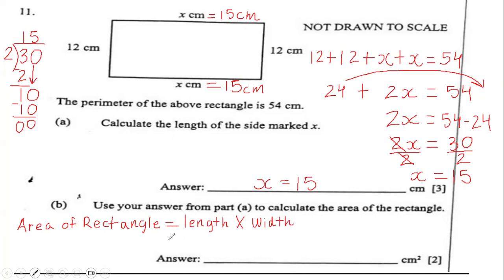And it's going to be equal to, what is the length of this thing? Gilbriana, what is the length of this rectangle? The length of the rectangle is 15 centimeters. Very good. So we're going to say the length is 15 centimeters.